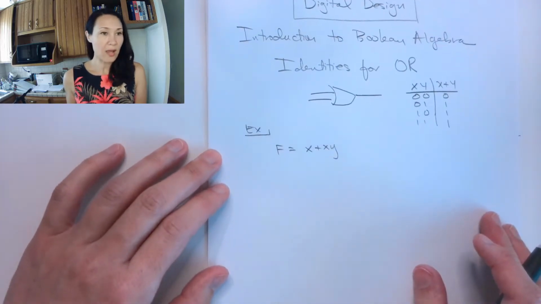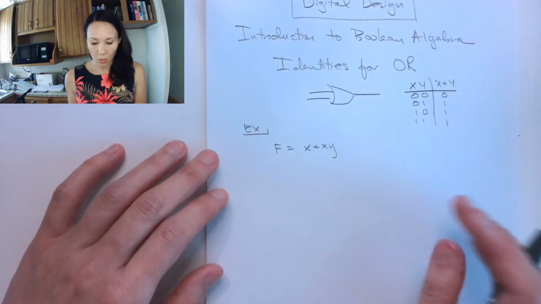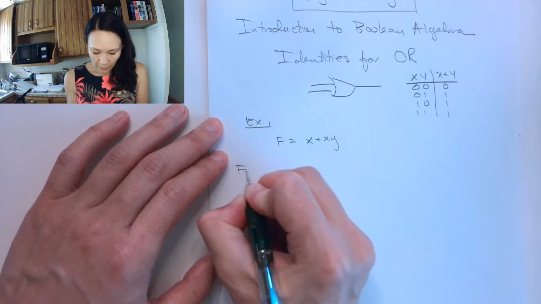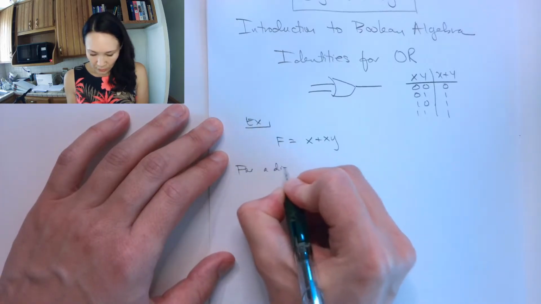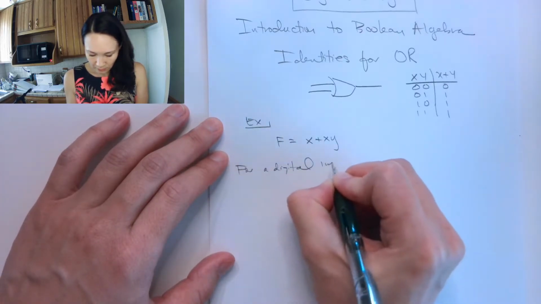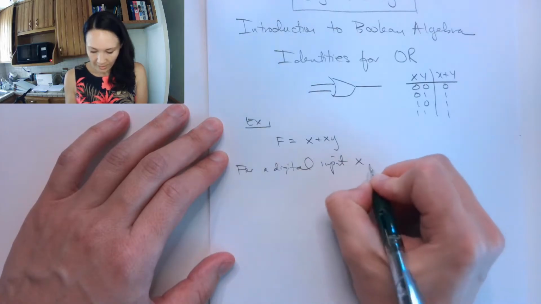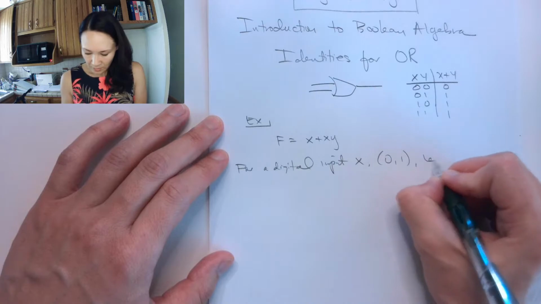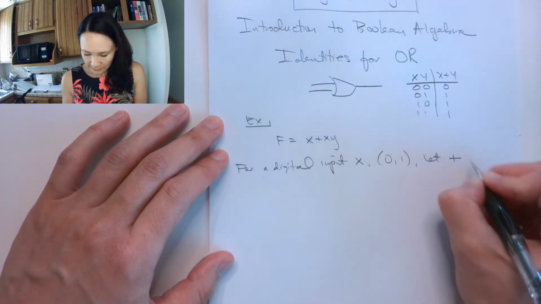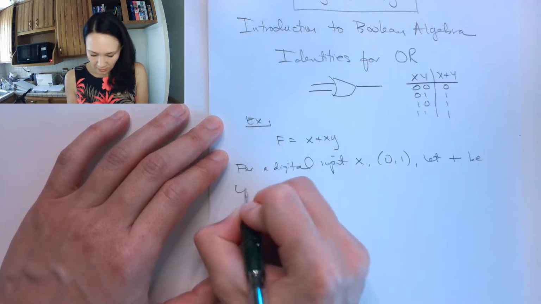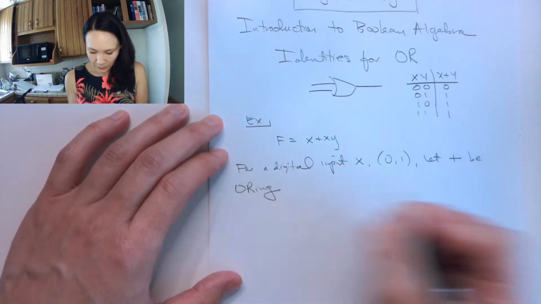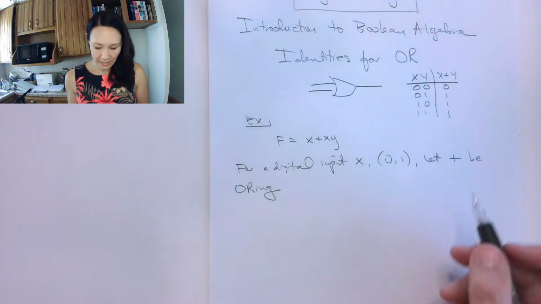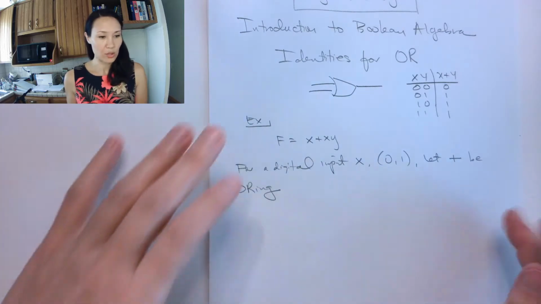So let me show you the identities for the OR function. For a digital input x, so that means that x can be either 0 or 1. Let's let this plus sign be ORing. So it's not adding, it's not bitwise adding, it's actually the OR function.